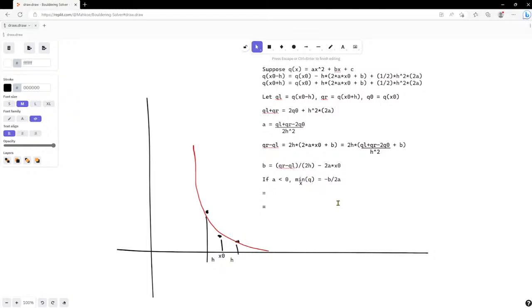So that is QR minus QL times h squared divided by QL plus QR minus 2Q naught, right?